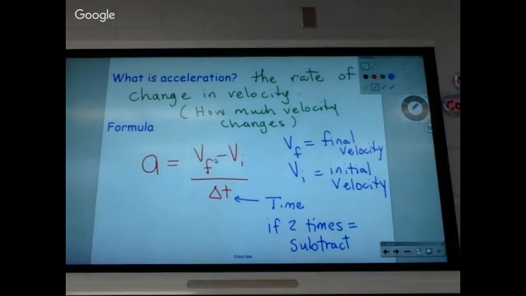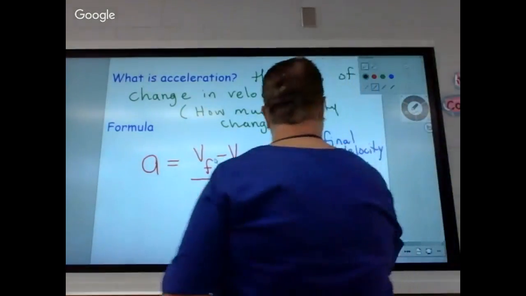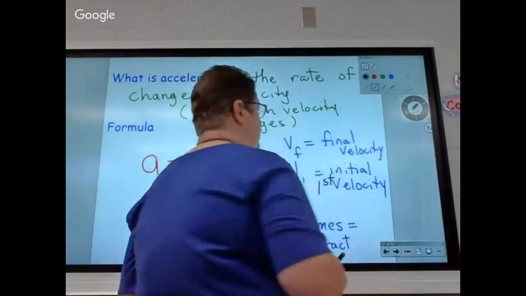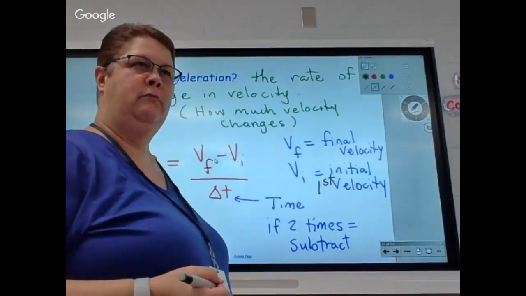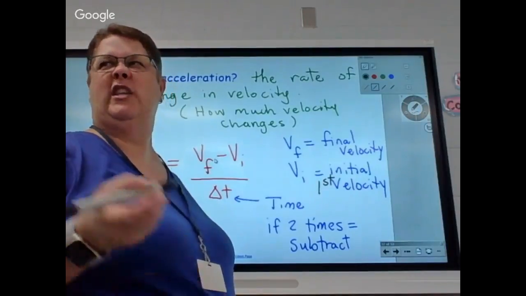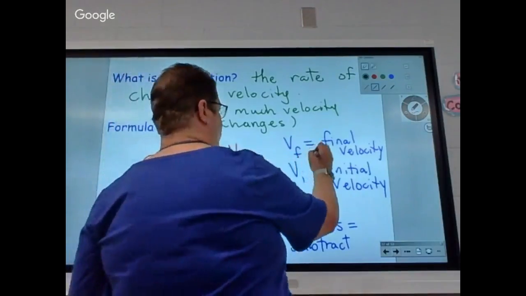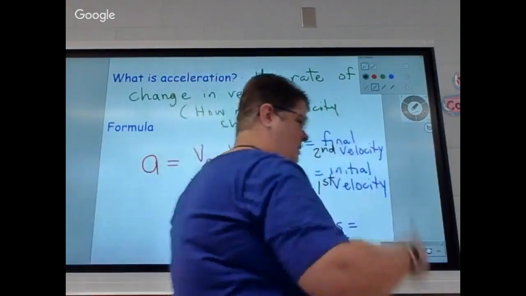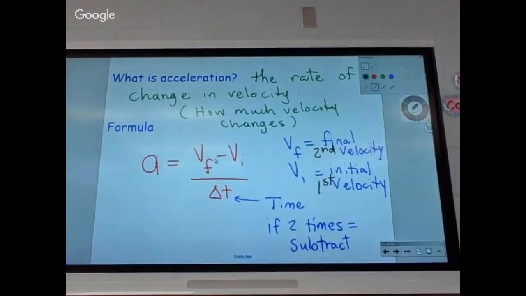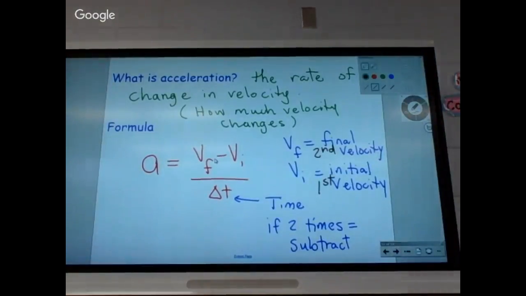So initial for us is first. Initial is the first velocity, and final is the what one? The final, like last. Let's just say second, since we got 2 numbers up here. Okay. Second or last, either one, doesn't matter. I'll just write second. So, given we're going to have 2 velocities, one of them is going to be first, one of them is going to be second.